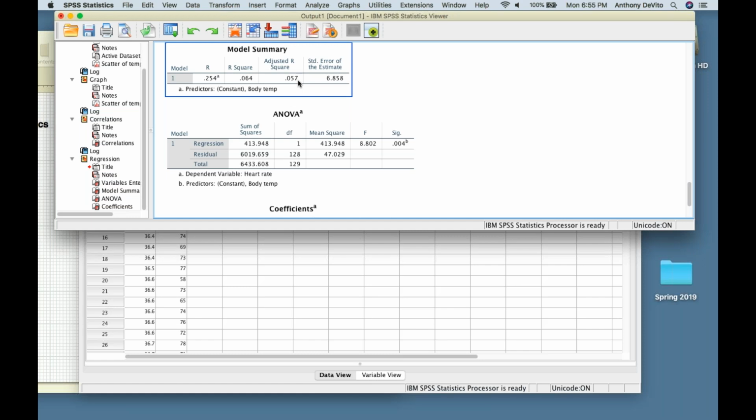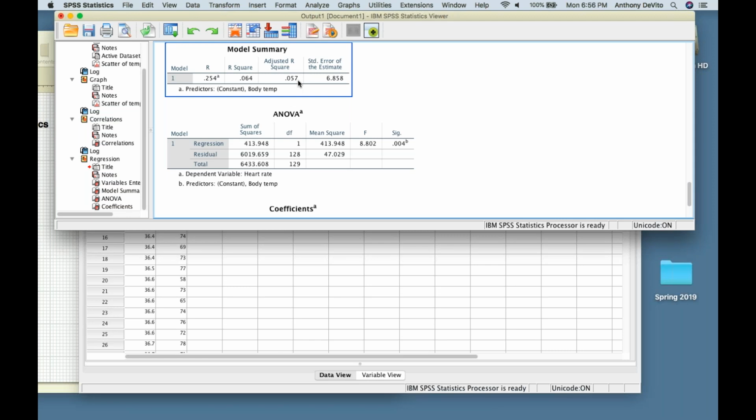If we're trying to demonstrate a relationship between body temperature and heart rate, we want each one of them to be spread out over a larger scale. If we only have people whose body temperature is between 98 and 99 degrees, that's not going to tell us very much about how good a predictor this is, right?